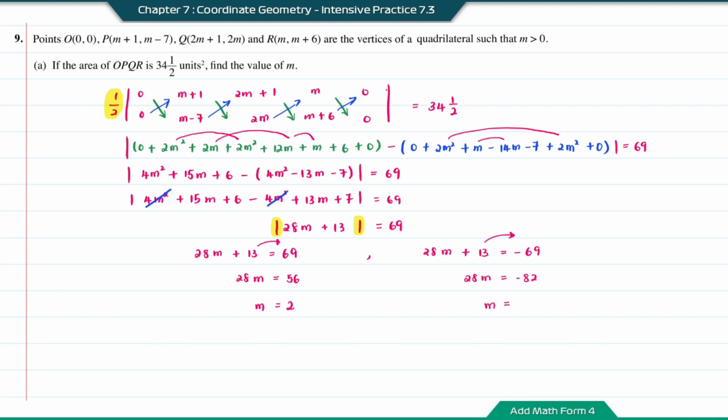Then m is equal to negative 82 divided by 28, which is equal to negative 41 over 14. So here in the question it is stated m is greater than 0. Therefore, the correct value for m will be m equal to 2.